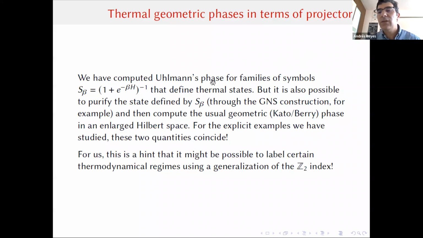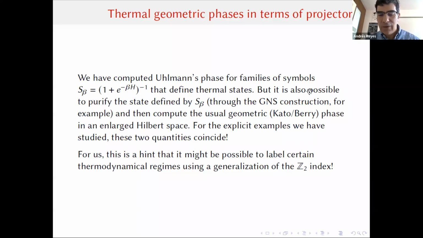And then let me go to the final statement for this talk, which is that the way we have computed these phases is in terms of the symbols. The symbol describing a thermal state in our context is given by this expression. So it is a positive operator, and by Fourier transformation, we get a family of operators of this sort, which can be considered as a path in momentum space. So this is the way we compute the geometric phase.